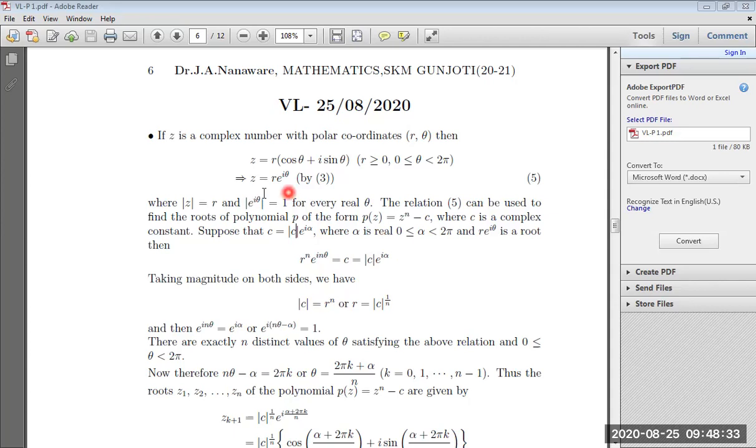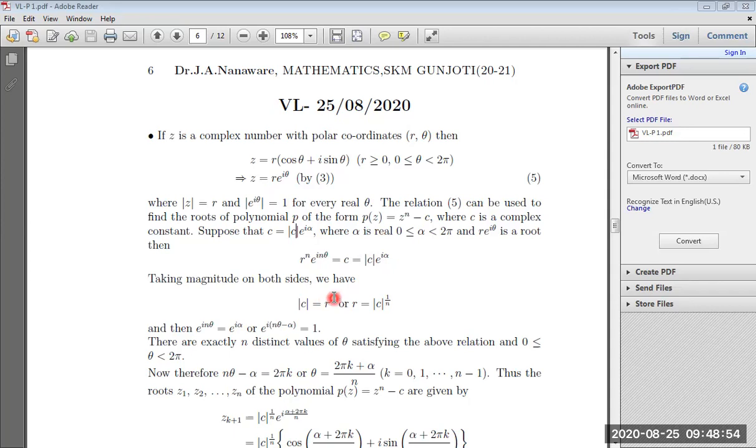You have to use the definition of e to the power i theta, which is cos theta plus i sin theta, and find its magnitude, and that is 1. And therefore the magnitude of e to the power i n theta and e to the power i alpha are 1. And that is why we are getting the magnitude of c is equal to r to the power n.